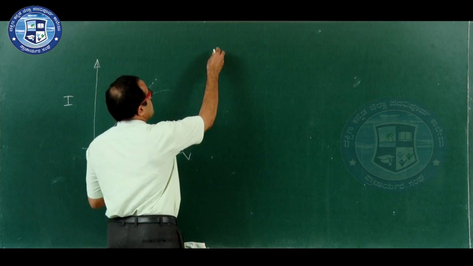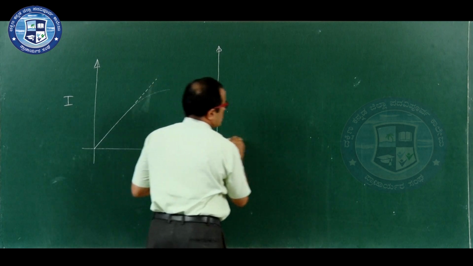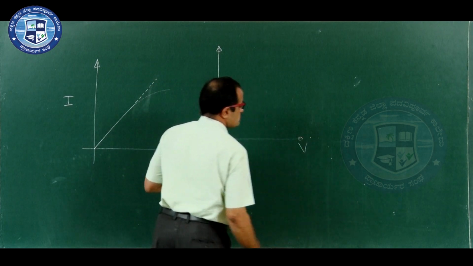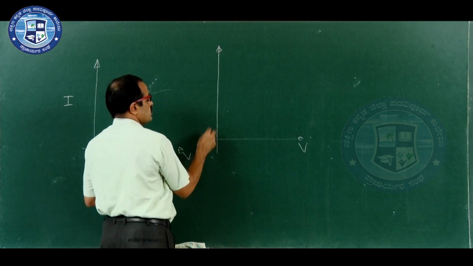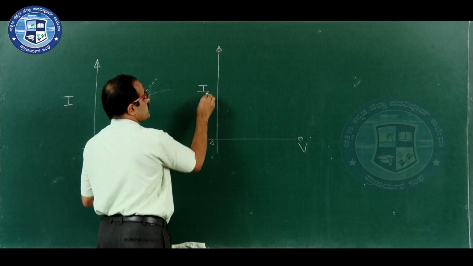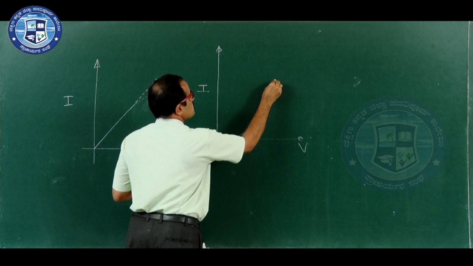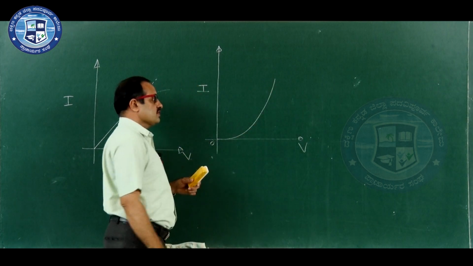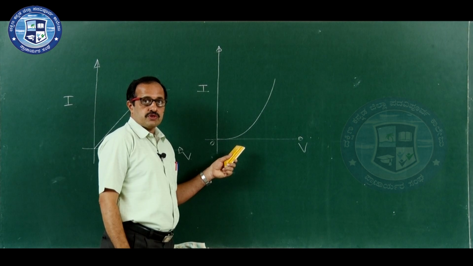If you take semiconductors, the best example is diode or transistor, they are all made up of semiconducting materials. If you plot the graph of V versus I, the graph is like this. It is a curve, non-linear. Therefore, it is not obeying Ohm's law.